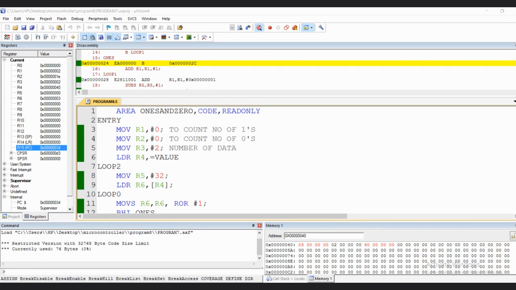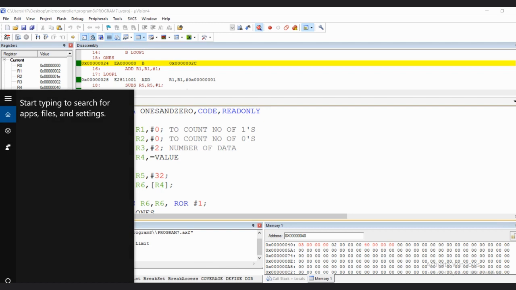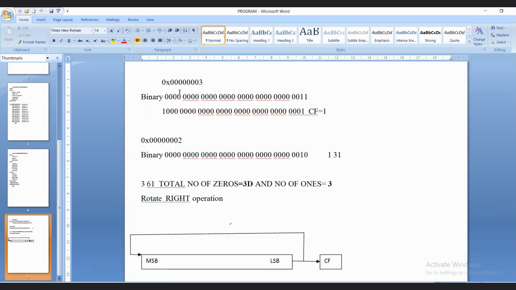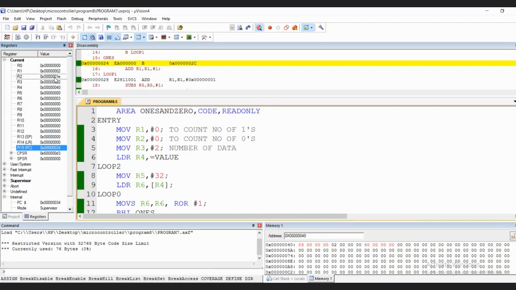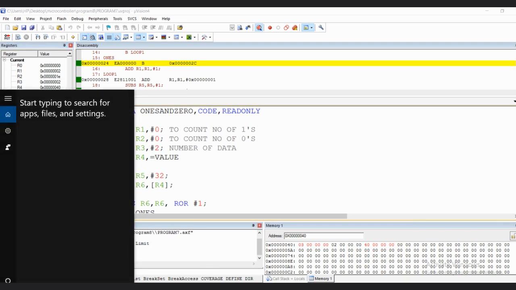Observe, 0x03 has only 2 ones and the remaining 30 are zeros. 1e is nothing but the hexadecimal of 30.